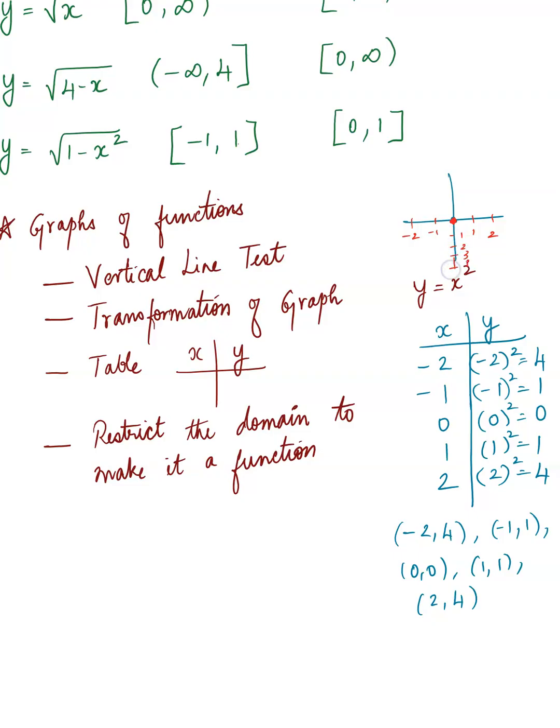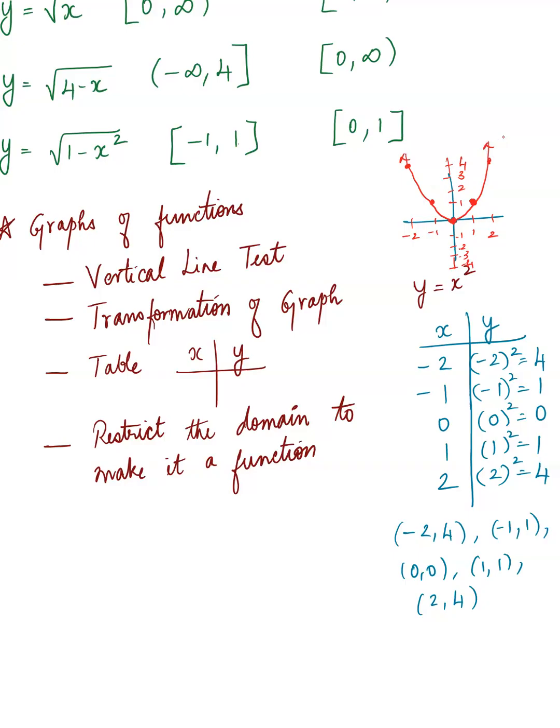Sorry, I'm squeezing it here. 4, negative. So if you have that, then you're basically plotting it, right? -2, 4, then -1, 1, 0, 0, 1, 1, and 2, 4. You know that it's going to be a smooth curve. And you got your graph.